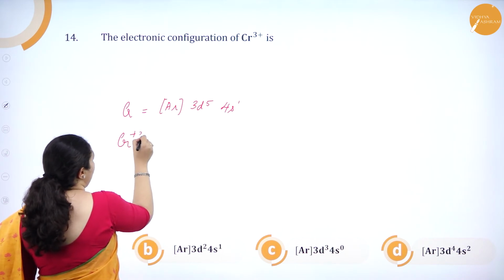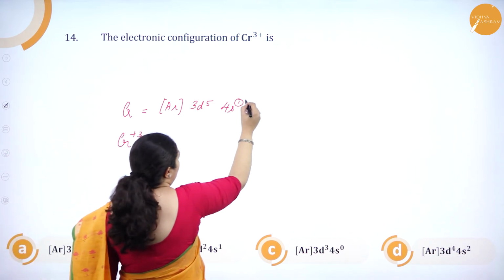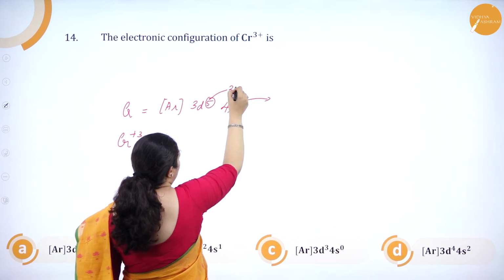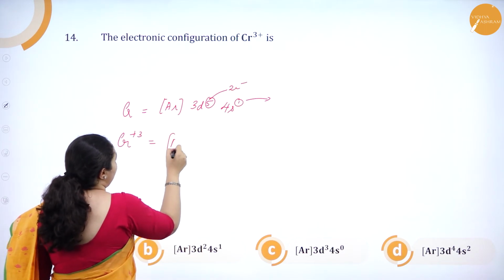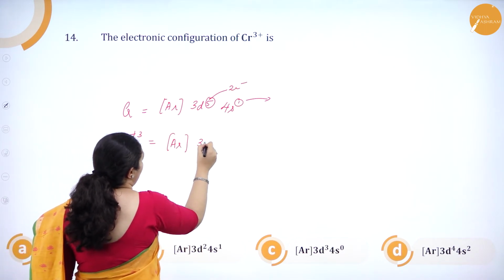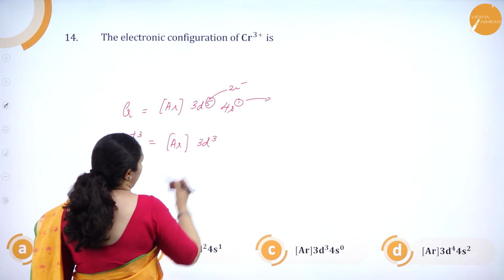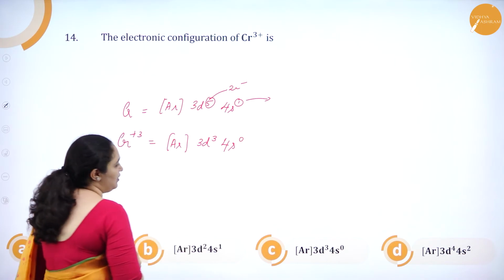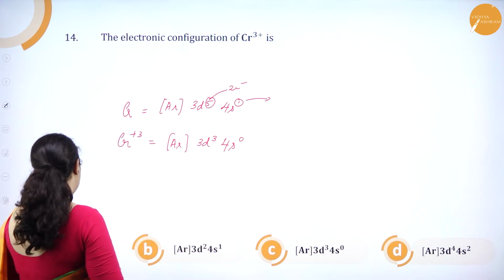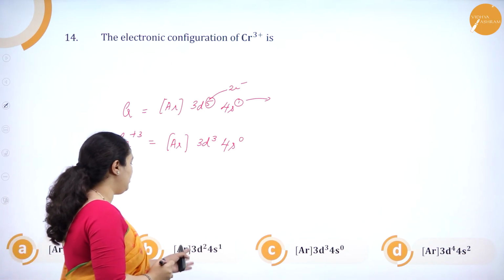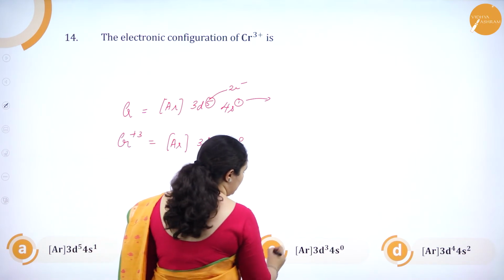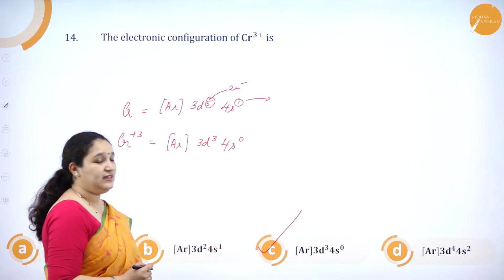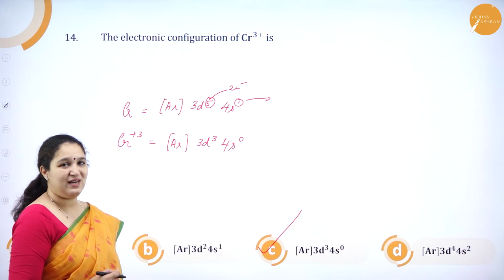So chromium in +3 state will have argon 3d3 and of course 4s0. So we have to see which is the correct answer. 3d5 is wrong, 3d2 4s is wrong. Option C is correct, where 3d3 4s0 is the correct answer.